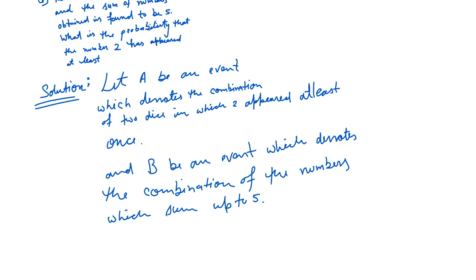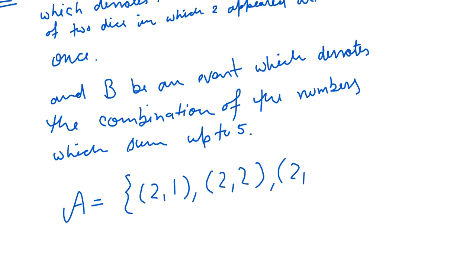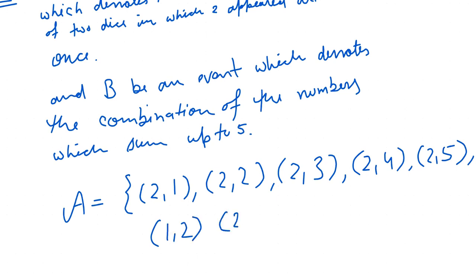Okay, so let us form the set. A is equal to having (2,1), (2,2), (2,3), (2,4), (2,5), (2,6), (1,2), (3,2), (4,2), (5,2), and (6,2).